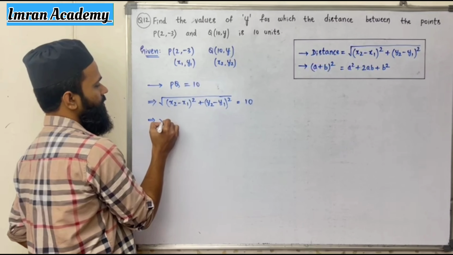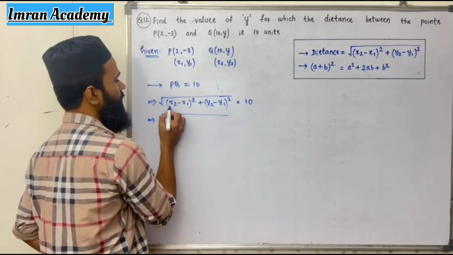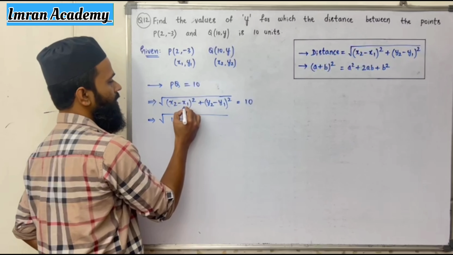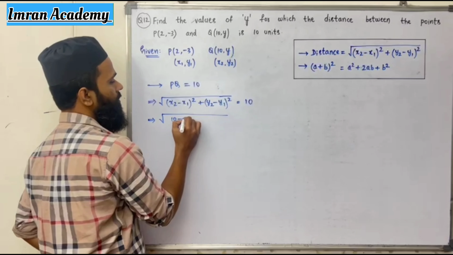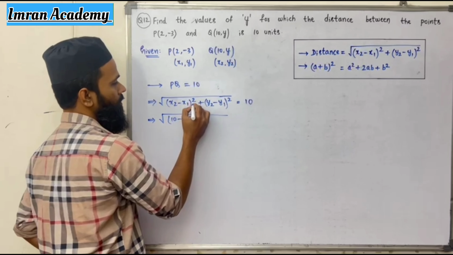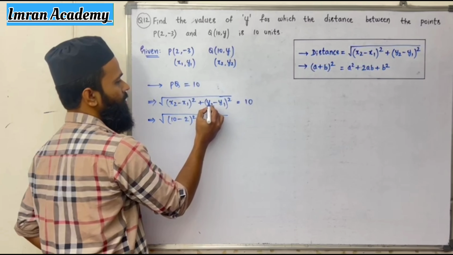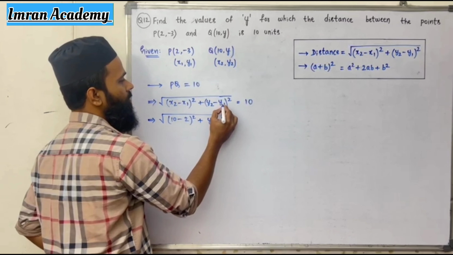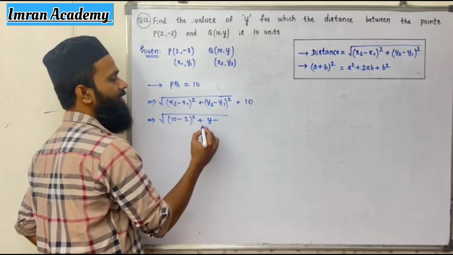That implies square root of (10 minus 2) whole square plus (y minus (-3)) whole square is equal to 10.